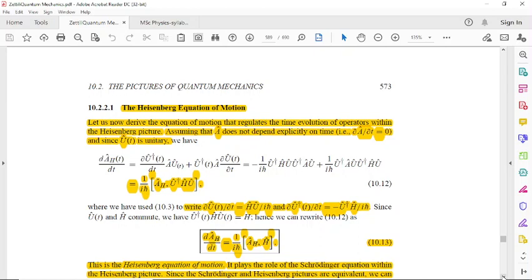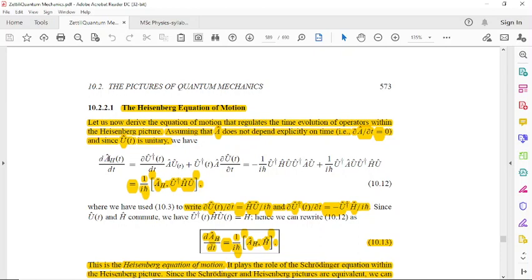Now let us derive the equation of motion that regulates the time evolution of operators within the Heisenberg picture. Assume that A does not depend explicitly on time, that is, dou A by dou t equal to 0, and since U of t is unitary, then we have dA_H of t by dt, where this operator is a time dependent operator.